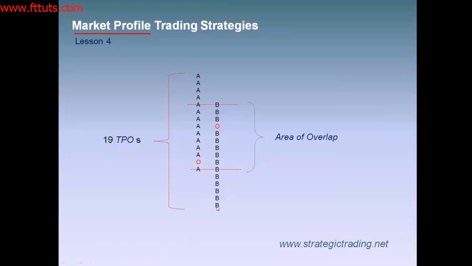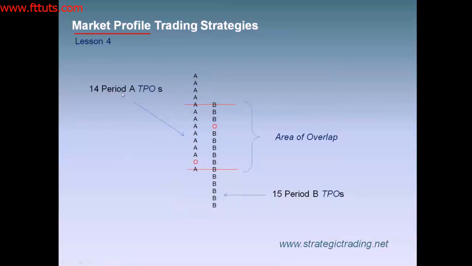If we count B and A together, so the full range, 19 TPOs. 14 for period A and 15 for period B. 10 TPOs in terms of overlap. So the bulk or the majority of TPOs that were printed were in fact overlapping. This tells us again, short-term trader is in control.